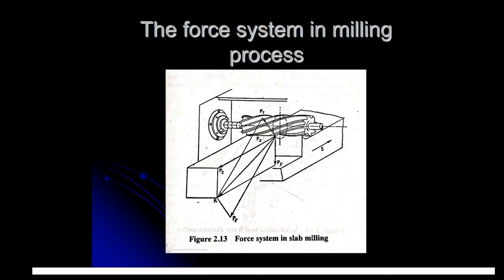The resultant of thrust force and radial force can be further resolved into three components. They are the axial thrust force Px, the vertical force Py, as well as the horizontal force Pz. Therefore, resultant R can be written as the square root of the sum of Px square plus Py square plus Pz square.